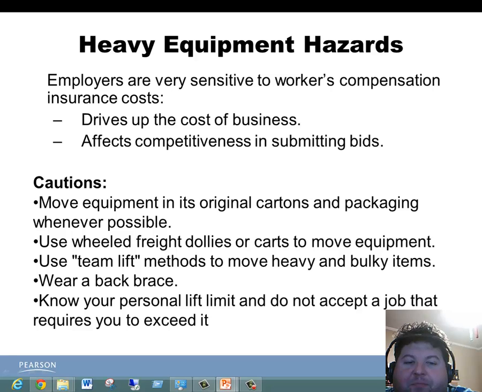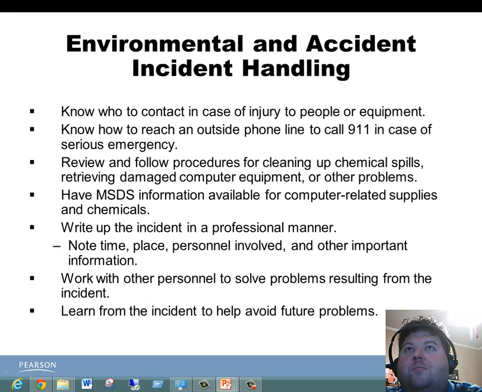And more important than anything else, know your personal lift limit. If something's too heavy and you know you can't lift it, don't hurt yourself trying. Get someone else to help you or to move it for you. In an environmental incident, make sure you know who to contact if there's an injury to people or equipment.